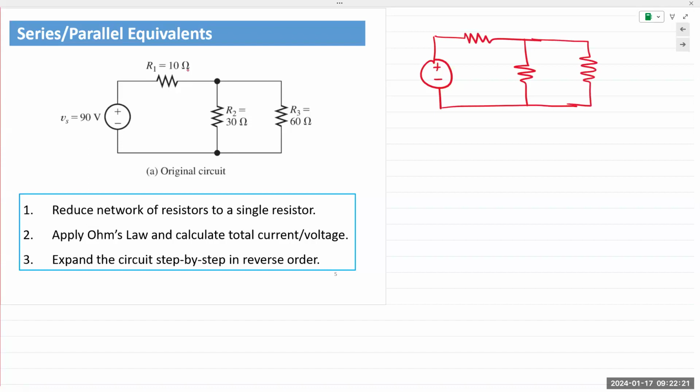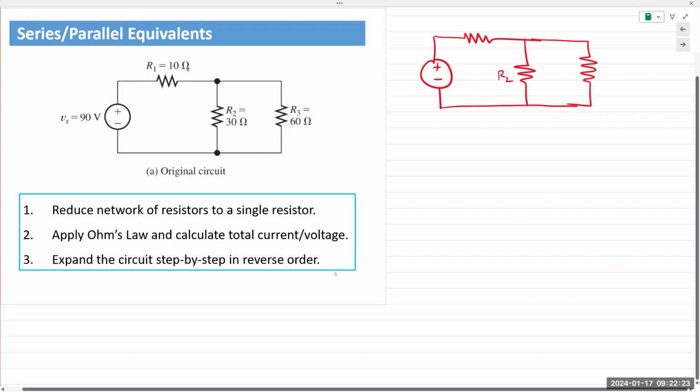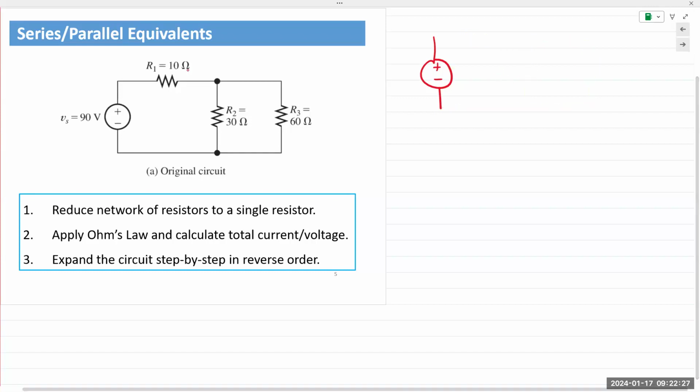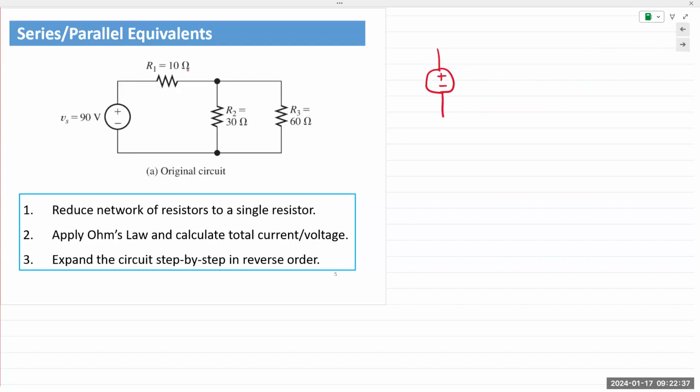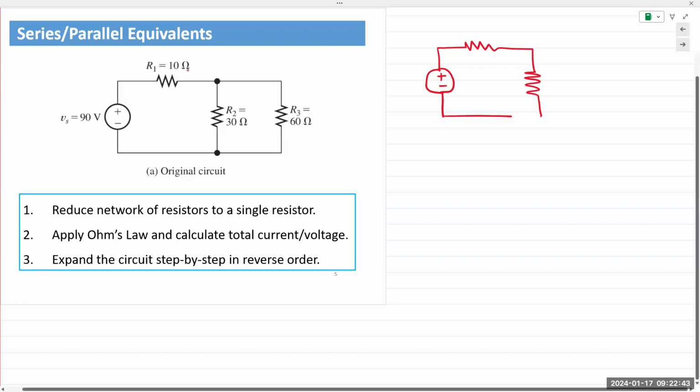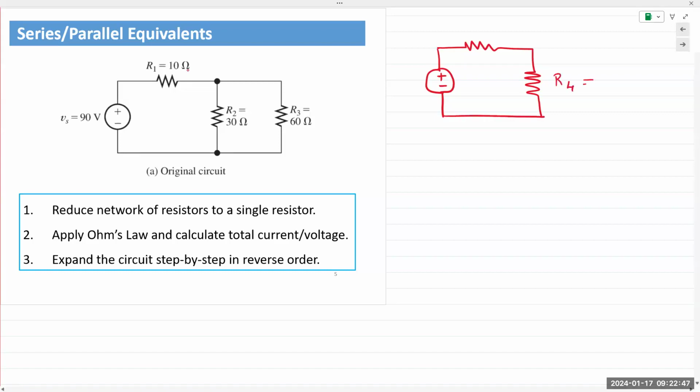30 parallel with 60. So let's call this R4.